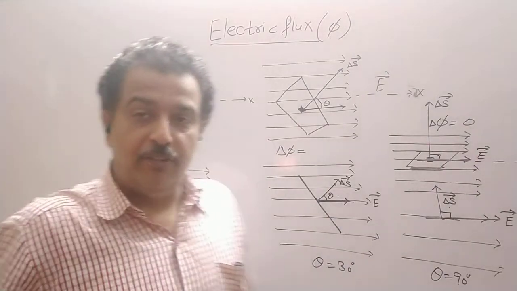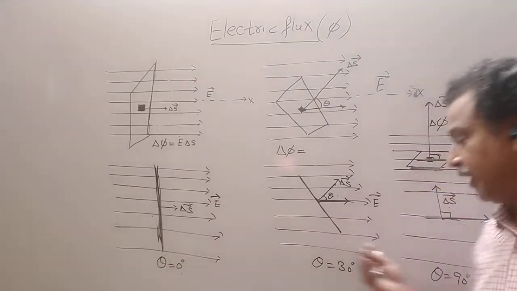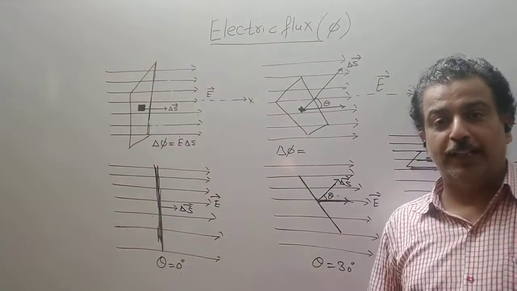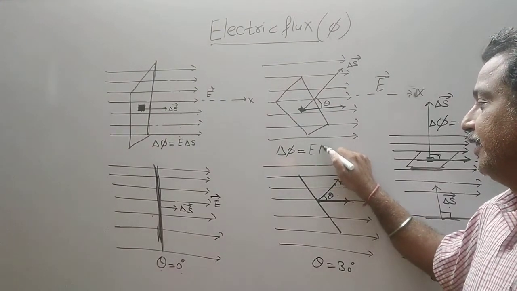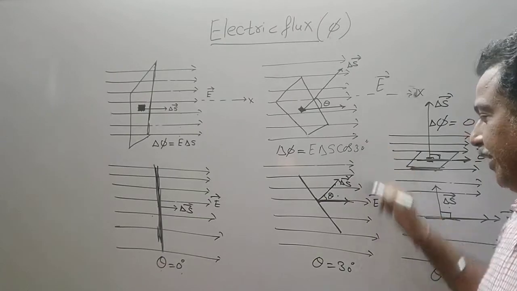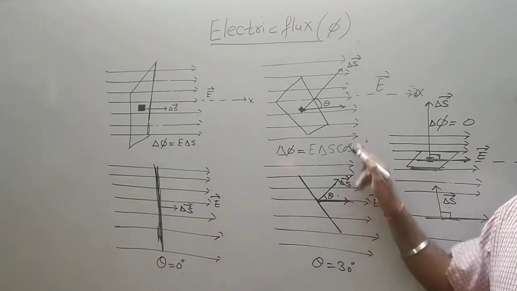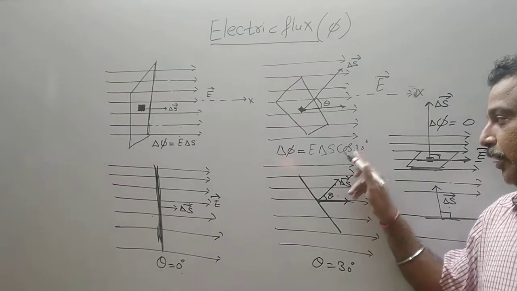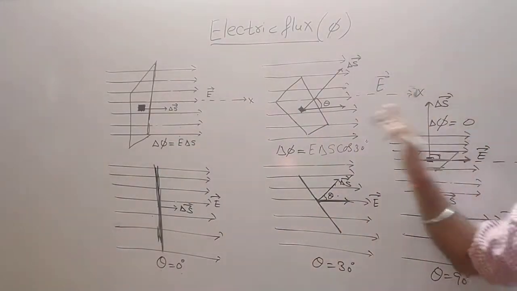Now, if we take the trigonometric function where, if the angle increases, its value keeps on decreasing, then it is cos theta. So this can be written as E delta S cos 30 degrees, if I take an example of 30 degrees. Now cos 30 is root 3 by 2. So the number of field lines will be less than this, but more than this.